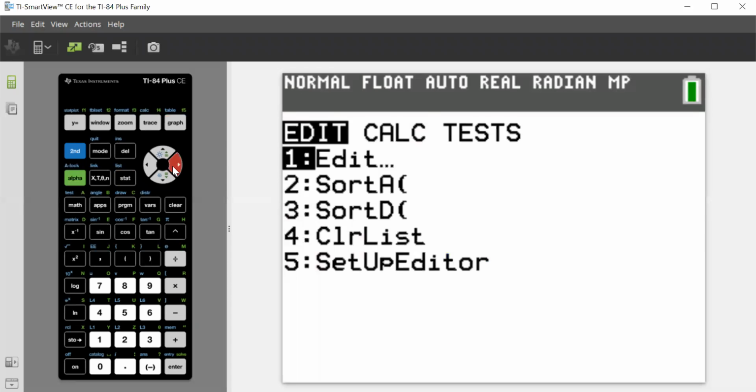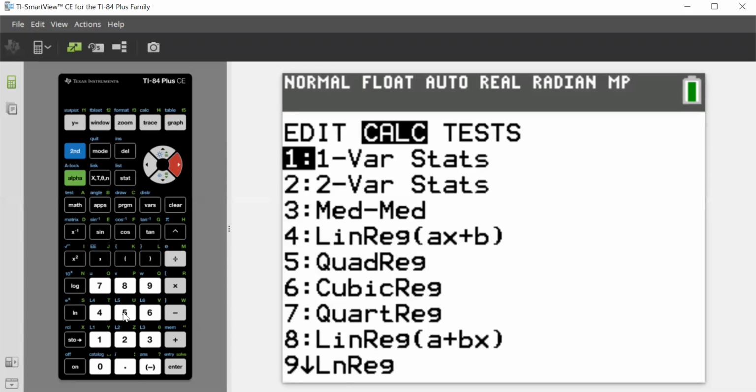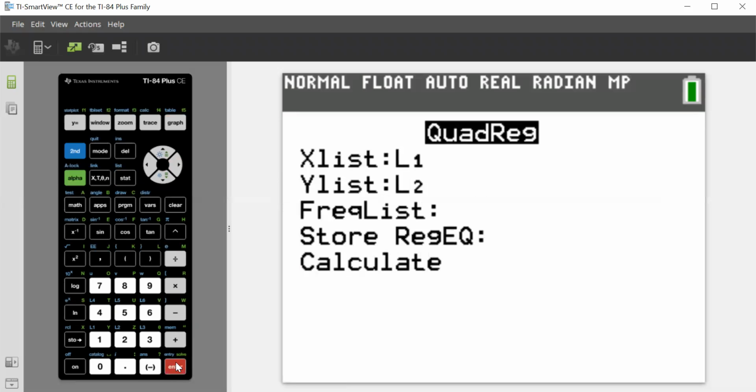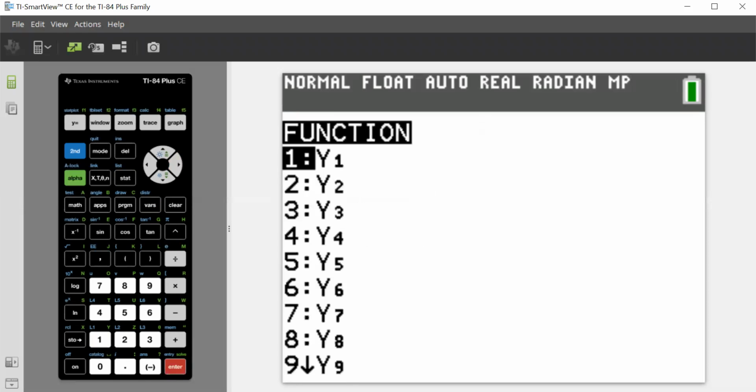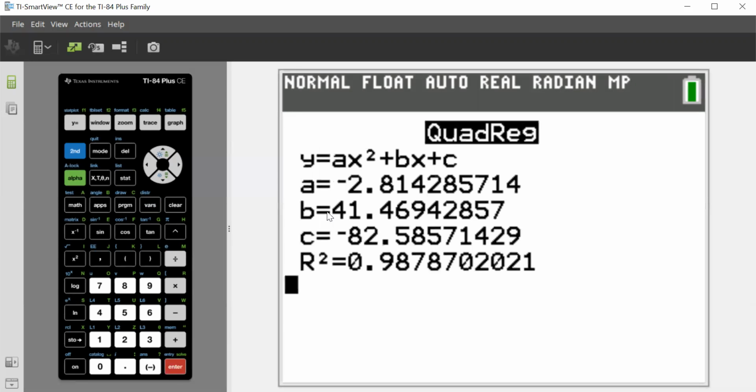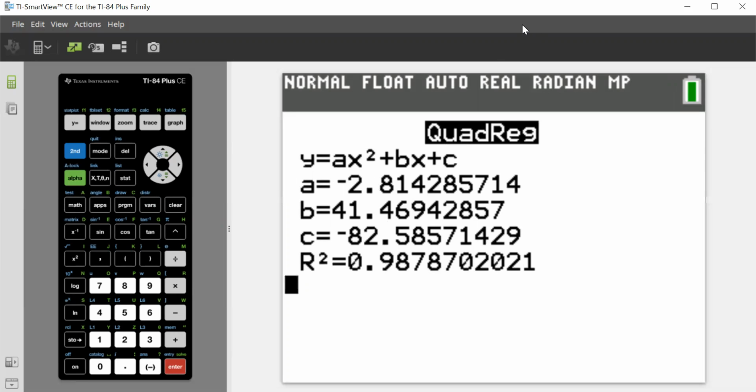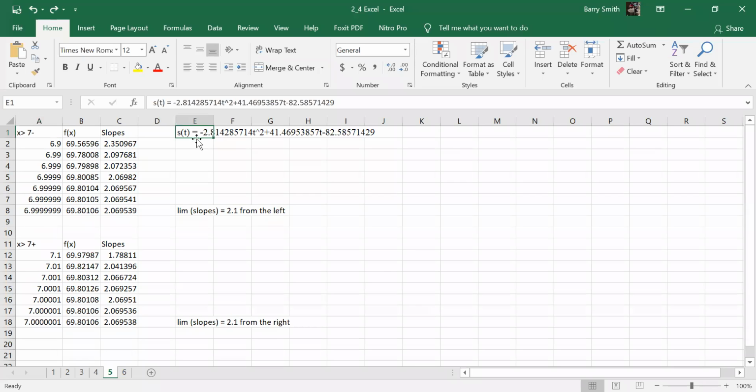Now it says to actually find that quadratic function, and so we go to 5, and if we want, we can view it in here. But first, I'm going to write that down into my table, because if we go over here to our Excel table, this is going to be the value I plug in here.